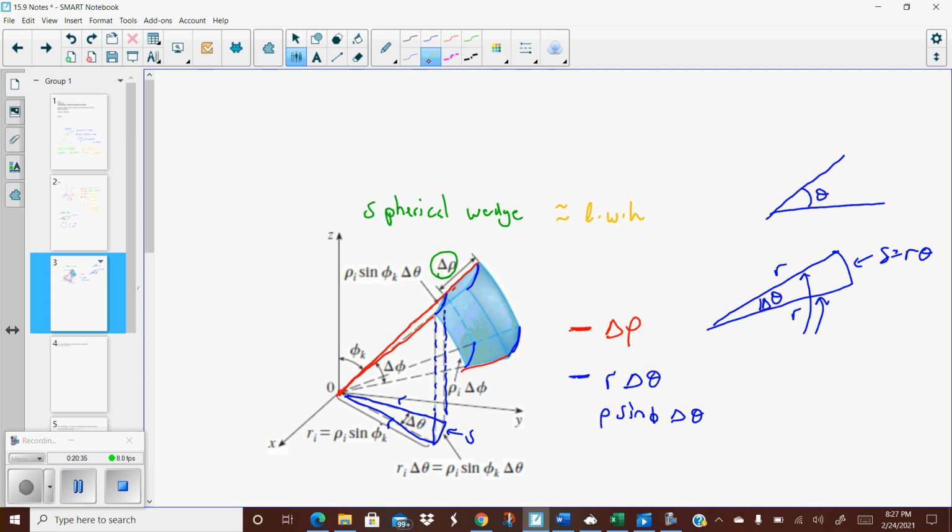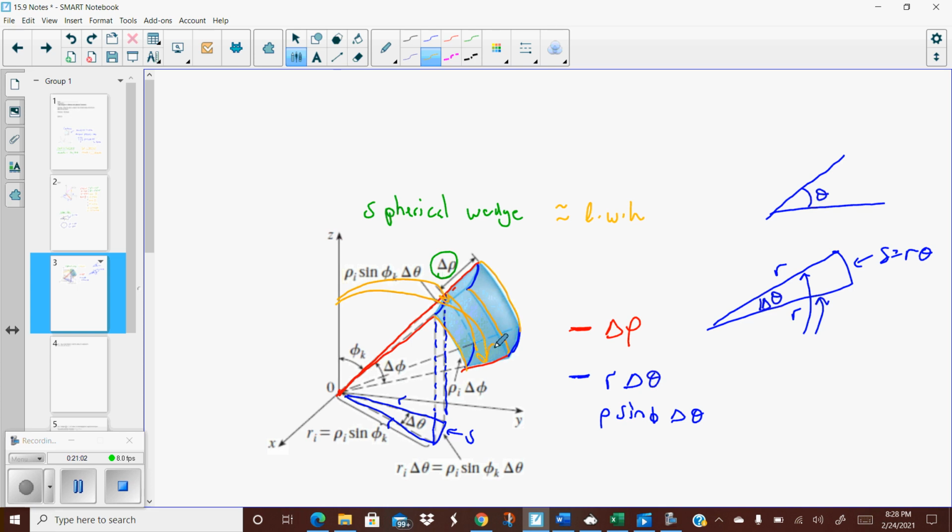And then we have to deal with the length. Technically, we could have called these things anything, but the length is going to be the change here. You're going to have changes in this direction. And your change is going to be a change in your phi values, because you're going to have one angle that comes out to this side, and then you're going to have another angle that comes out to that side.